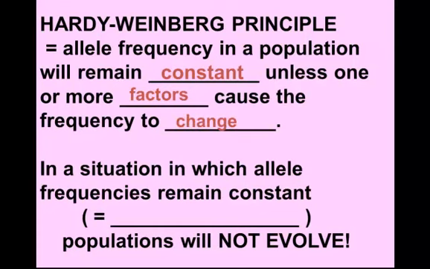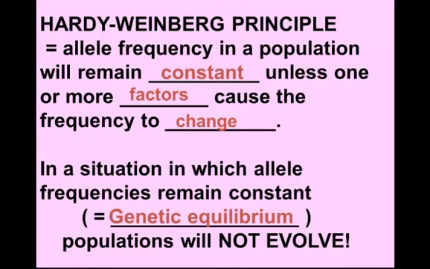If you are looking at the idea of evolution in populations, and you have a situation where the allele frequencies don't change, they stay constant, we would say the population is in genetic equilibrium. Equilibrium, it stays equal. The frequencies of the alleles don't change. In that situation, if we're not changing alleles, changing gene choices, the population is going to stay the same, and it would not be evolving.